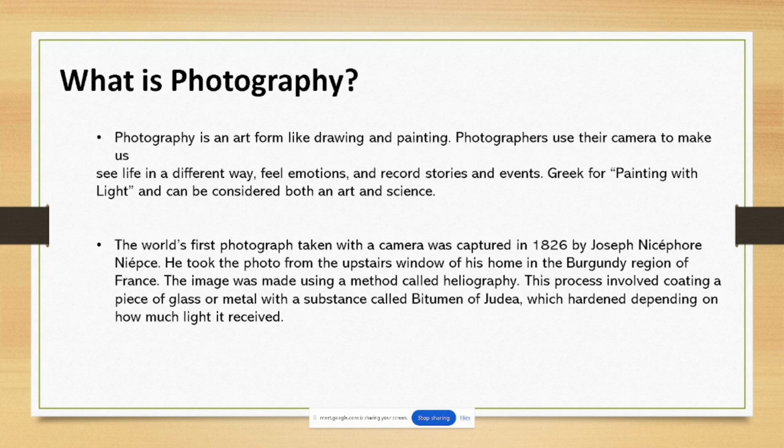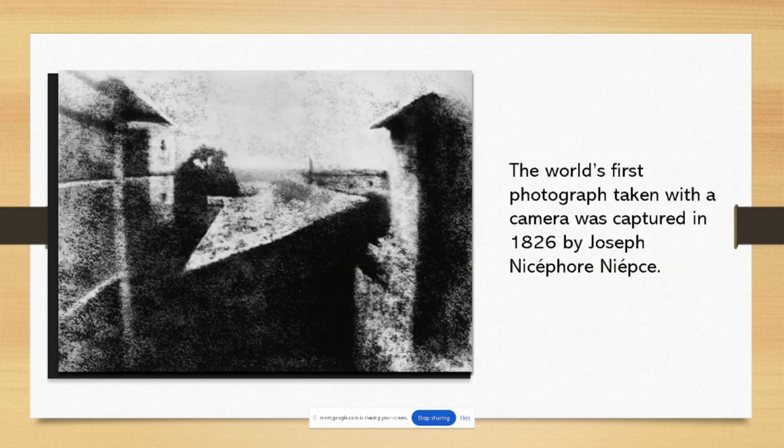This process involved coating a piece of glass or metal with a substance called bitumen of Judea, which hardened depending on how much light it received.